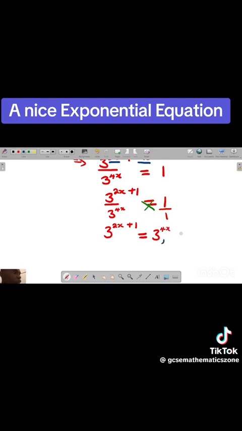So again, by the laws of indices, if you have the base a that has been raised to the power m, which is equal to the same base a that has been raised to a different power n, then it will imply that m is equal to n.